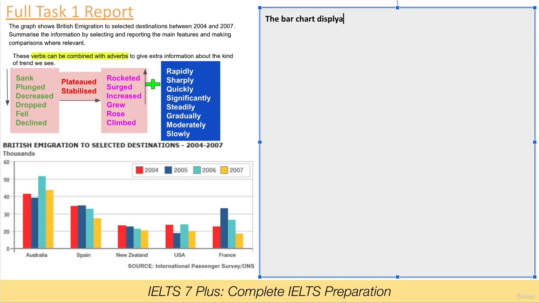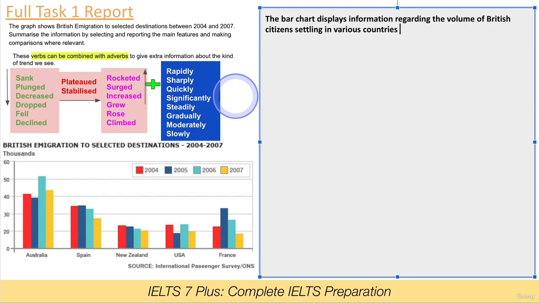The bar chart displays information regarding the volume of British citizens settling in various countries between the years 2004 and 2007.